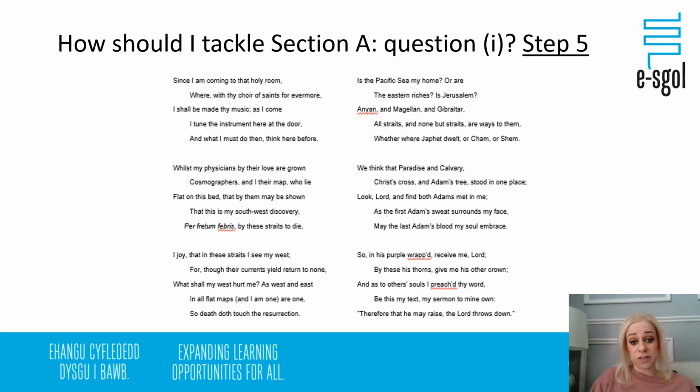So you can pause this recording to read through the poem, just to give yourself an idea of what it's about, or remind yourself about it. If it's not a poem or poet you're familiar with, and this might be a really good thing for you to do, this will be a cold poem for you. So pause, read the poem, and then play again, and we'll look at the next sections.